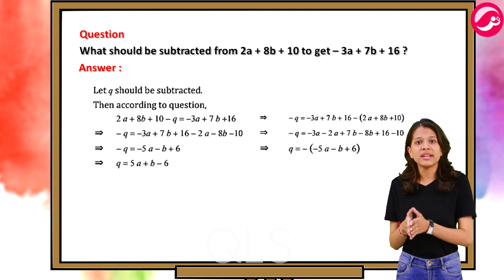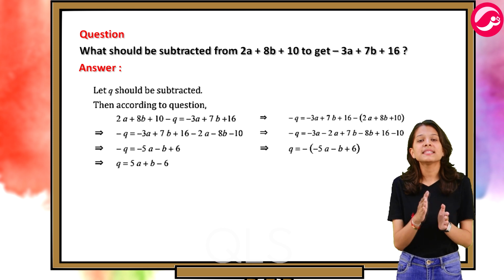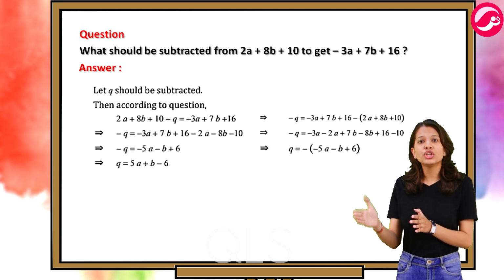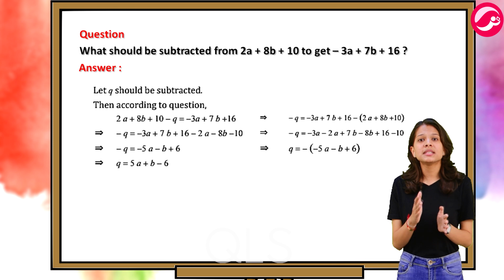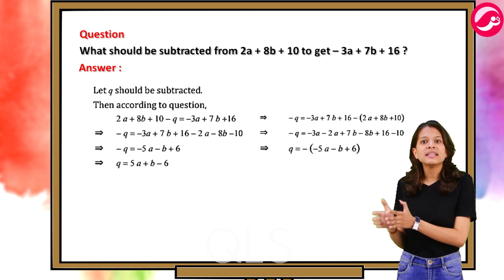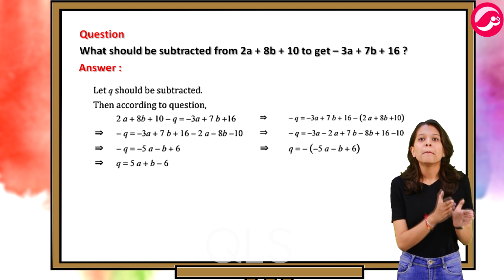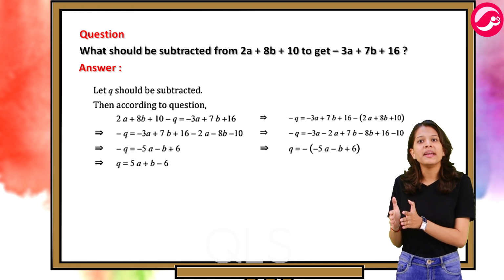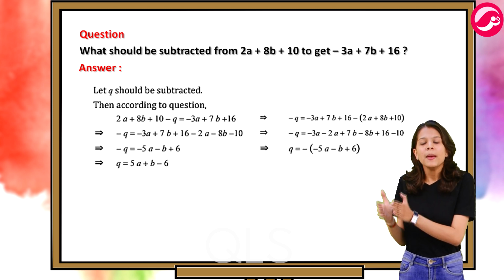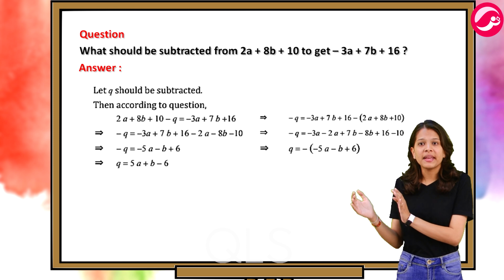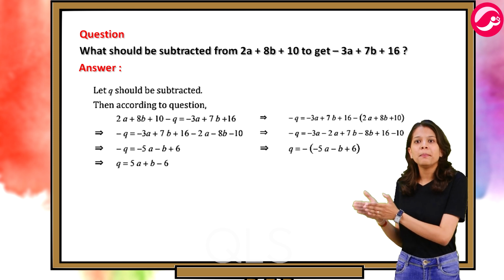Then according to the question we can write 2a plus 8b plus 10 minus q is equal to minus 3a plus 7b plus 16, which gives us minus q is equal to minus 3a plus 7b plus 16 minus (2a plus 8b plus 10).